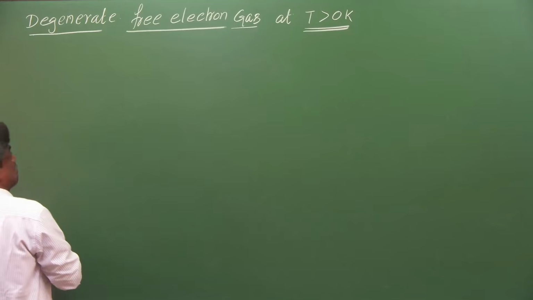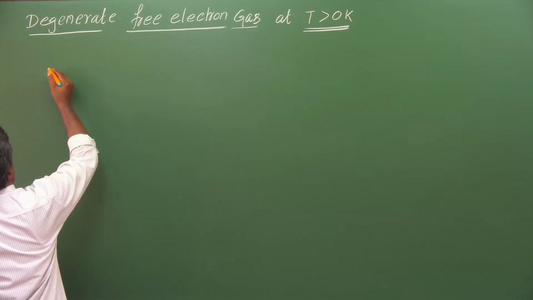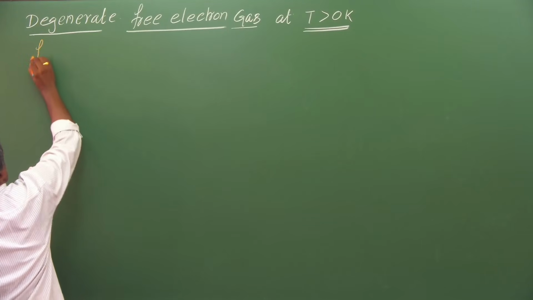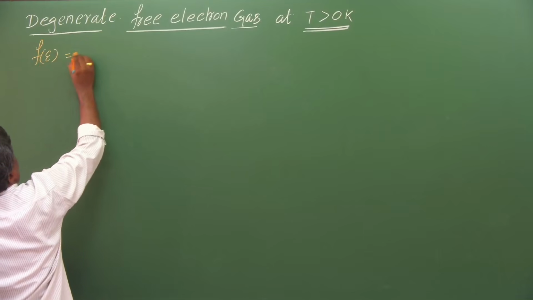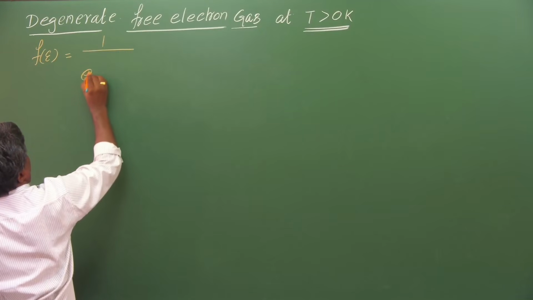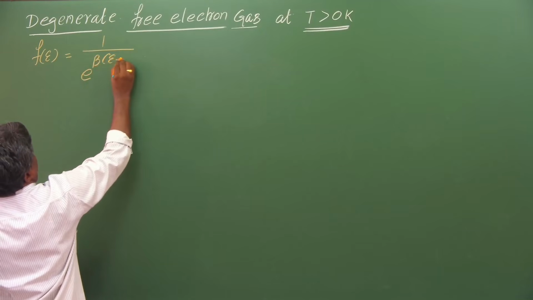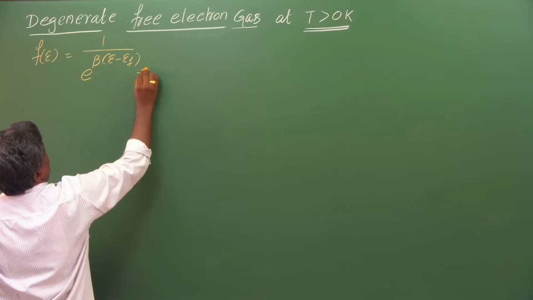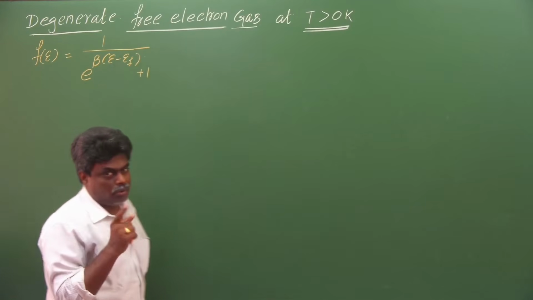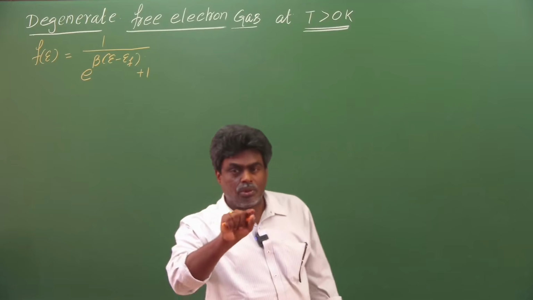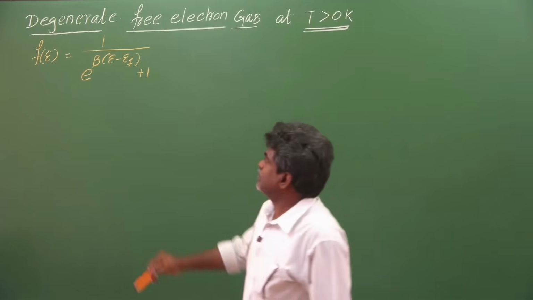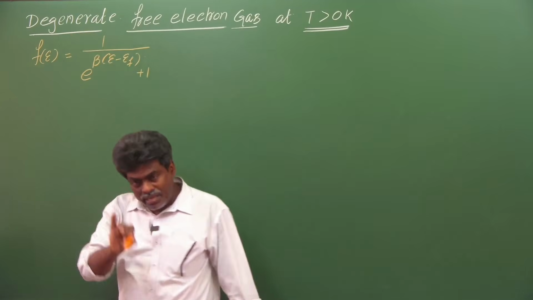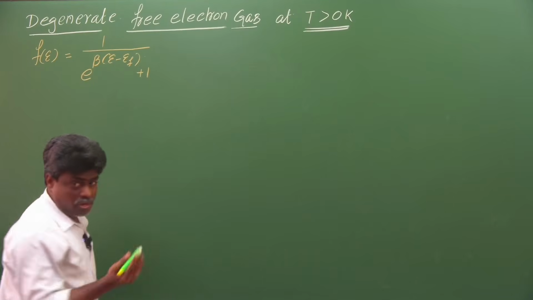Very important. First, the distribution function: f of E equals 1 over e raised to beta times (E minus EF), plus 1. Strictly speaking, you have to write mu, but I am taking mu nearly equal to EF, because I have taken degenerate, not strongly degenerate.